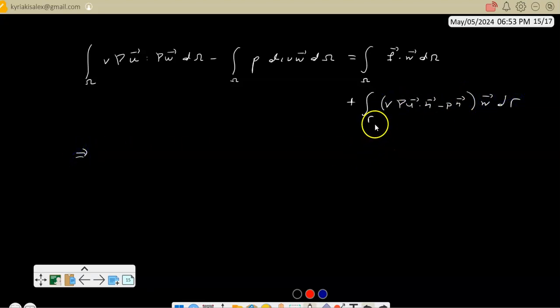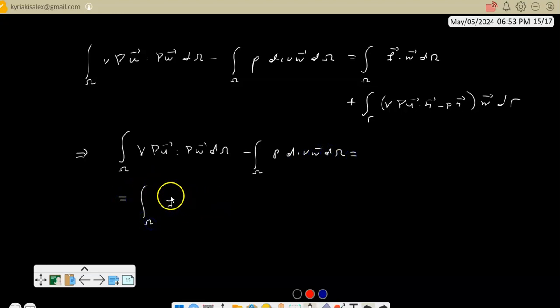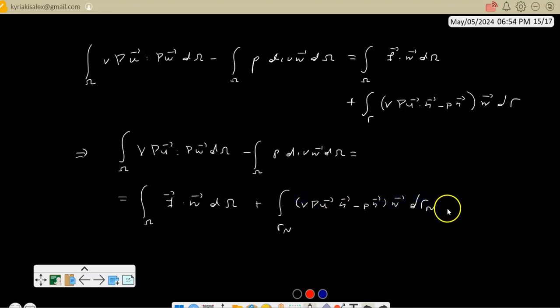We know that at the boundary we have two parts, Dirichlet and Neumann boundary parts. So we have the integral over the Neumann boundary plus the integral over the Dirichlet boundary.